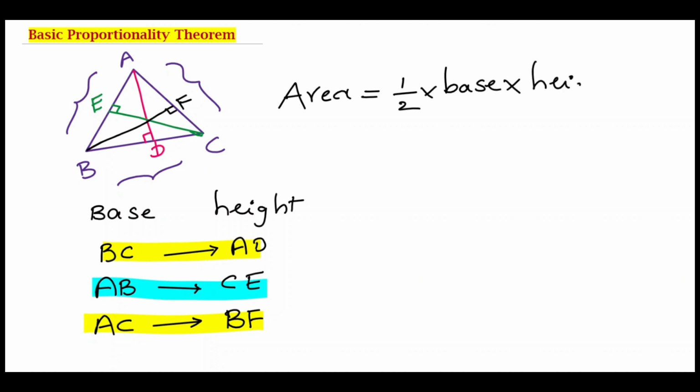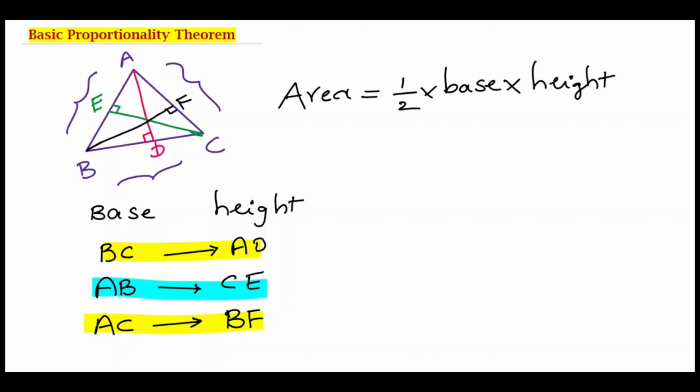We already discussed the base and its corresponding height. We need to consider it that way only. Don't take BC as base and then height as BF or CE, because we will get the wrong answer. That is not a correct way. So this is in case of an acute angle triangle.